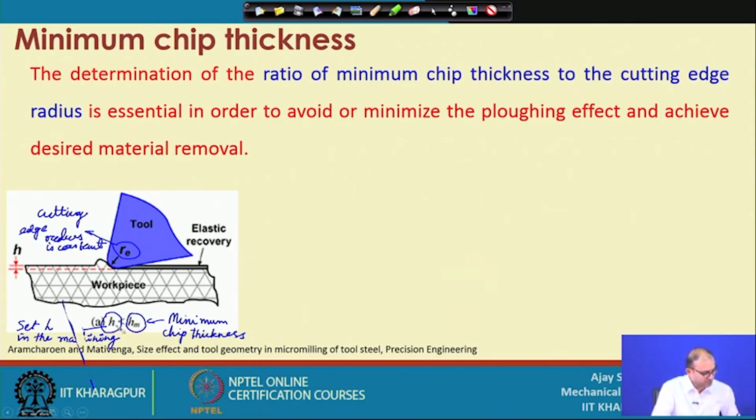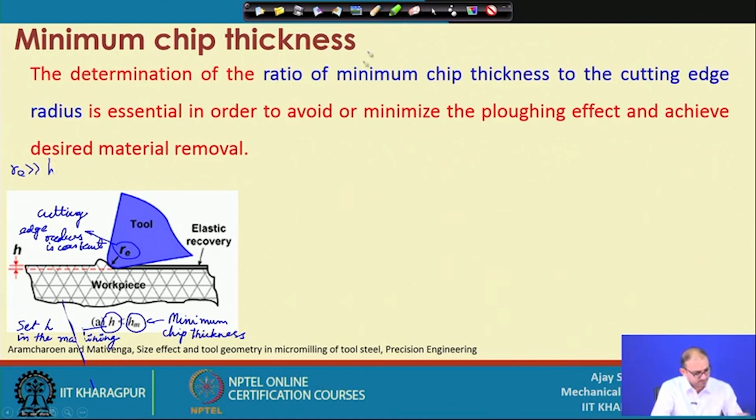First, let us see the case where your setting H, the depth of cut, is smaller than the minimum uncut chip thickness. In this case RE is very large compared to H.